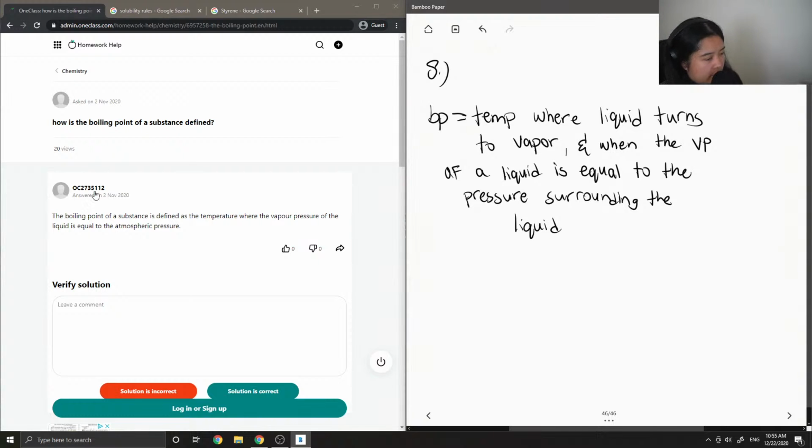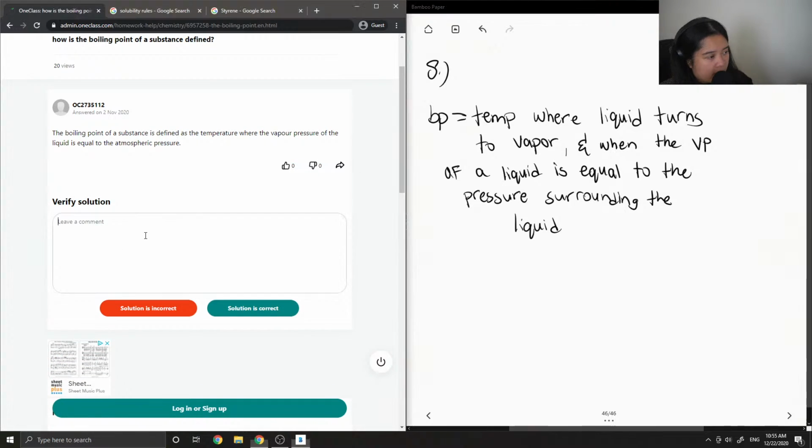And the junior tutor said the boiling point of a substance is defined as the temperature where the vapor pressure of the liquid is equal to the atmospheric pressure. Yep. So the solution is correct.